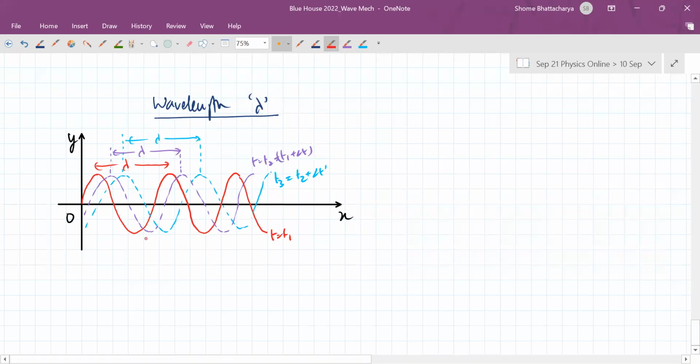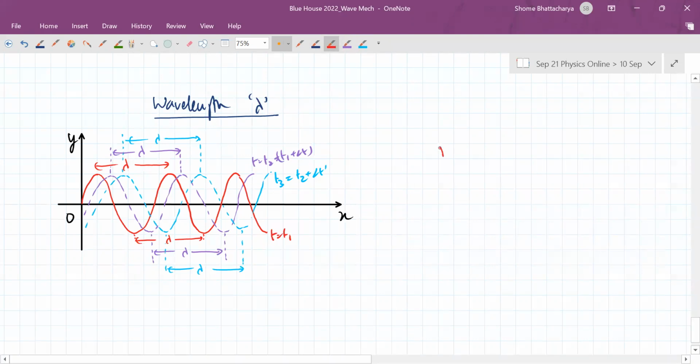Or that's the same as the distance between two consecutive troughs, due to the symmetry of the sine curve: crest to crest will be the same distance as trough to trough on the shape of the curve.